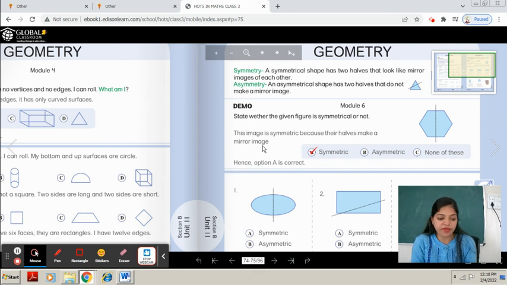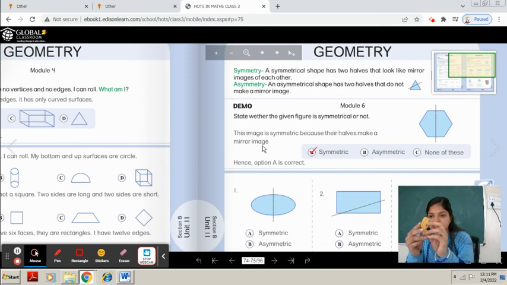Okay, I will give you one more example, students. You can see this is a butterfly. If I fold this butterfly like this, you can see I have folded this butterfly.